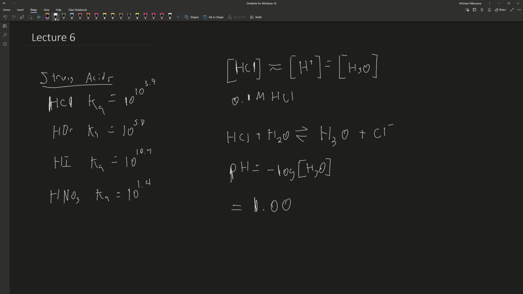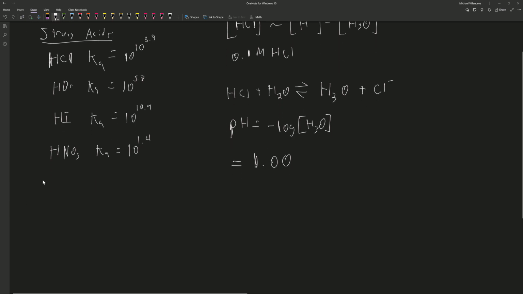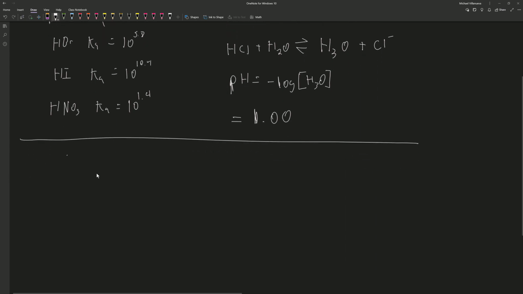The pH is 1.0. Let's now use a different approach for calculating pH. This time we will be using the activity coefficient, with 0.1 molar HCl.